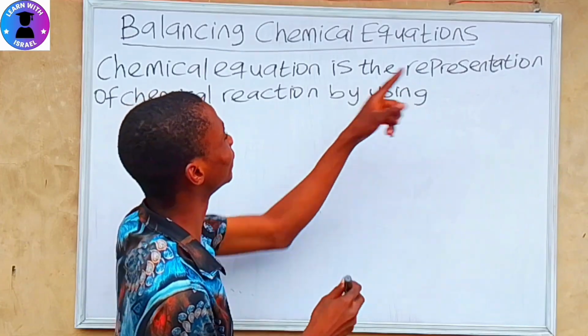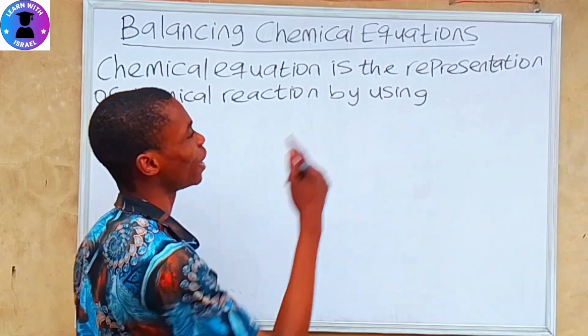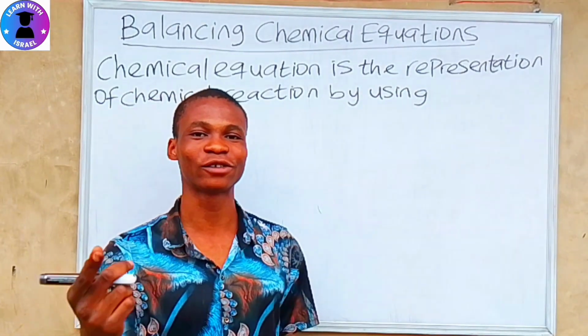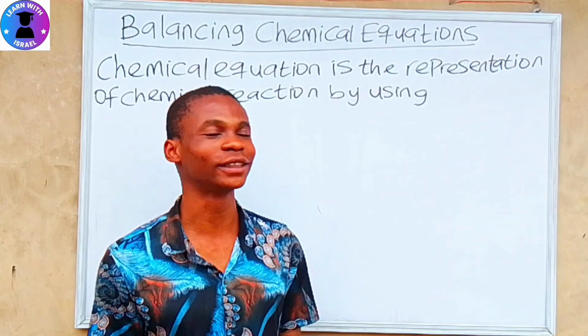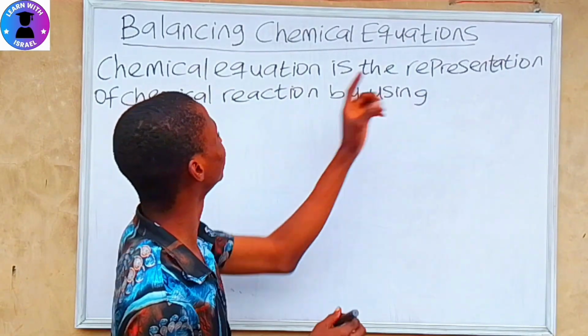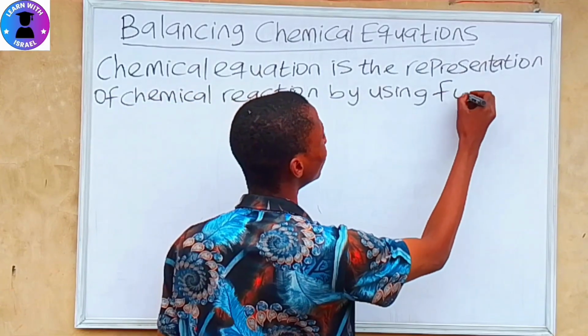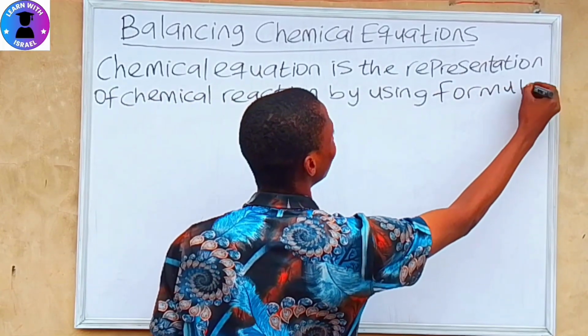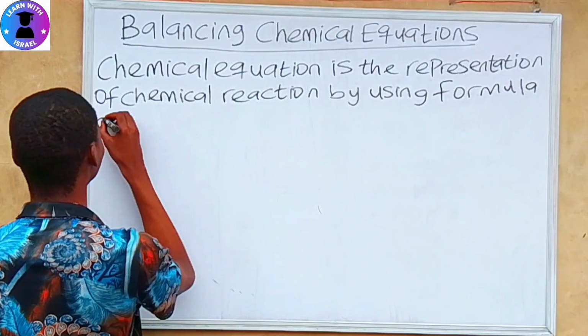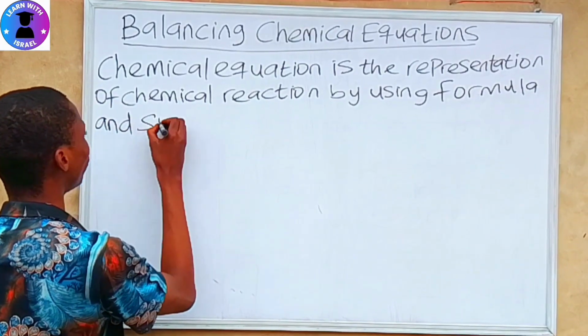Chemical equation is the representation of chemical reaction by using what? If you know it, drop it in the comment section. Chemical equation is the representation of chemical reaction by using formula and symbols.